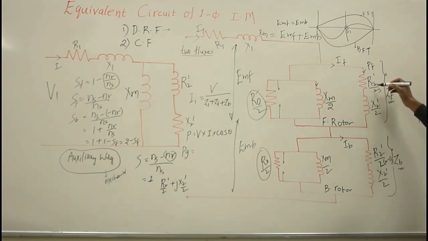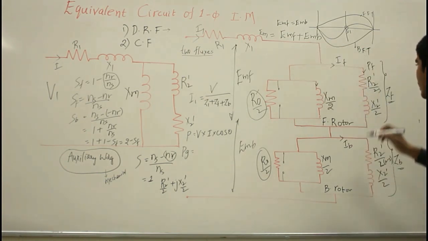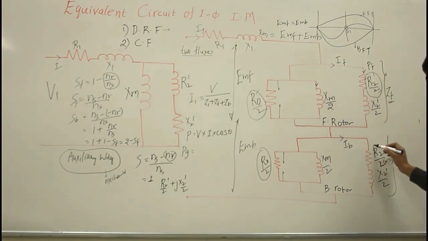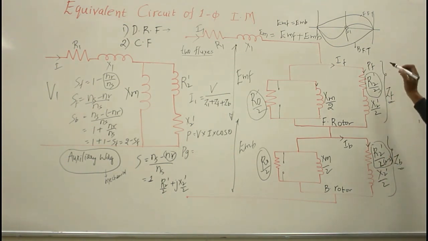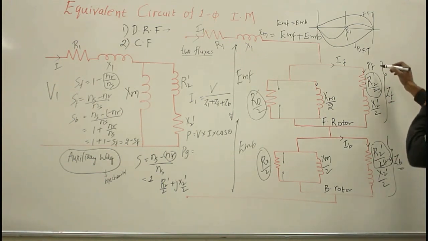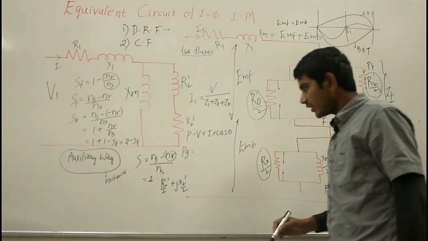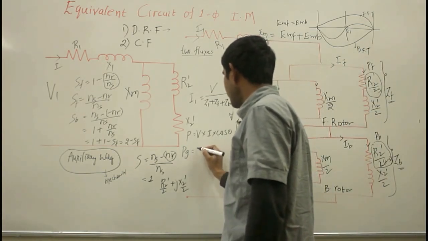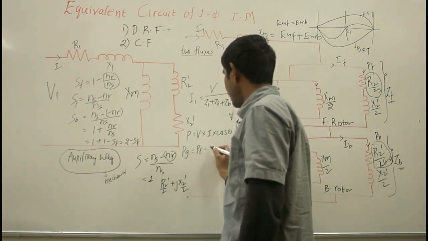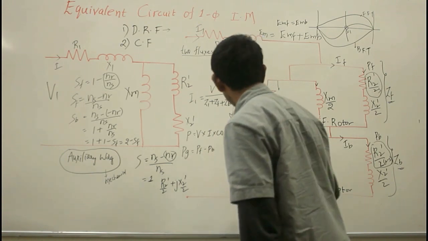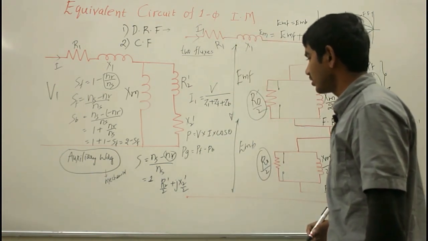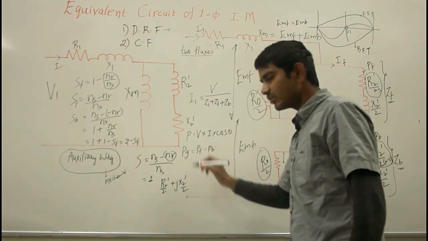The effective rotor resistance referred to the main stator winding is R2 dash by 2s here, and here it is R2 dash upon 2 into 2 minus s. The power dissipated in this resistance is PF, and here it is PB. So my P generated, or P developed, is given by the difference of these two powers dissipated in the respective resistors.